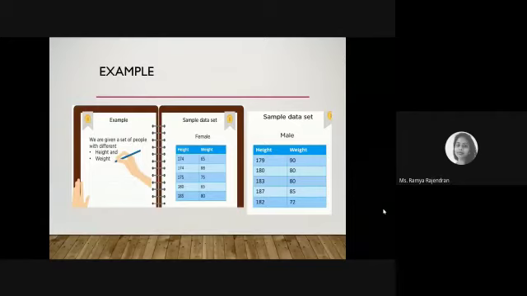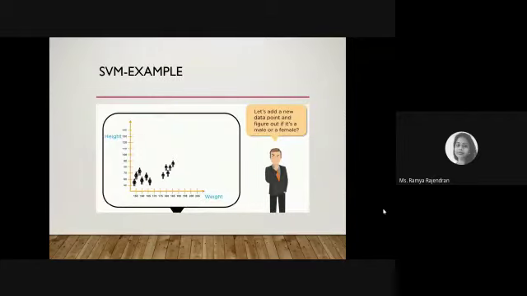Okay, so let's take an example here. We have a sample data set with male and female heights and weights. When you plot that in a chart, you have height on the y-axis and weight on the x-axis.